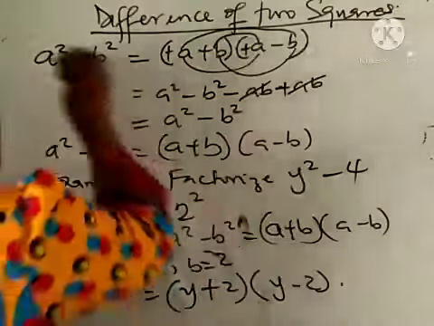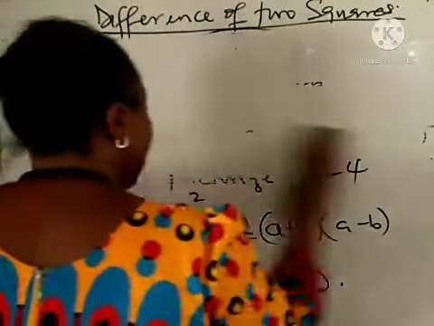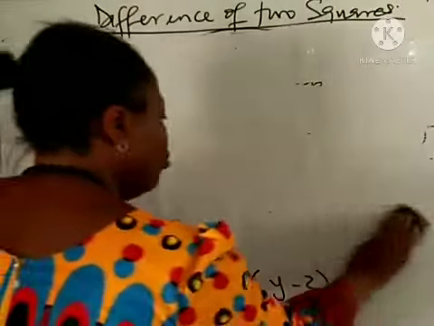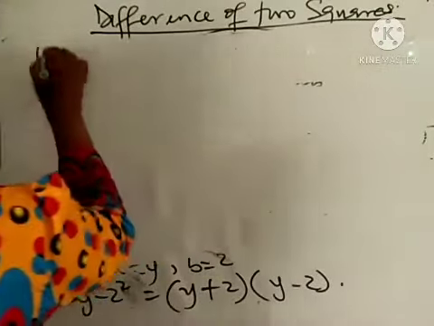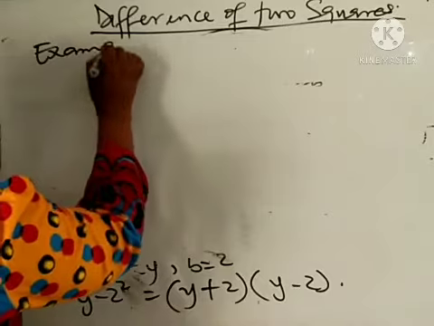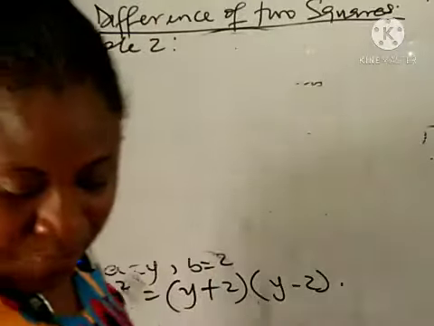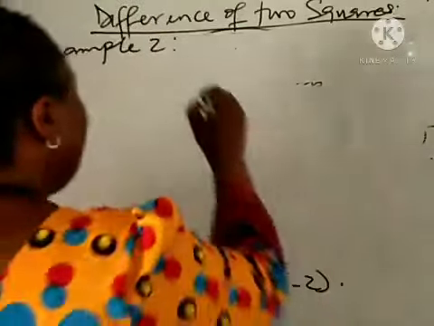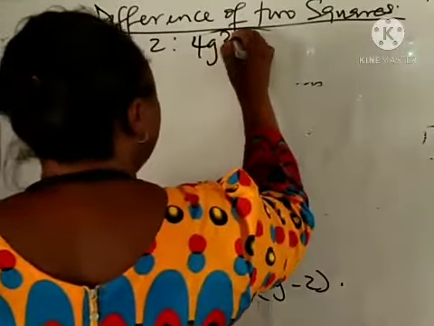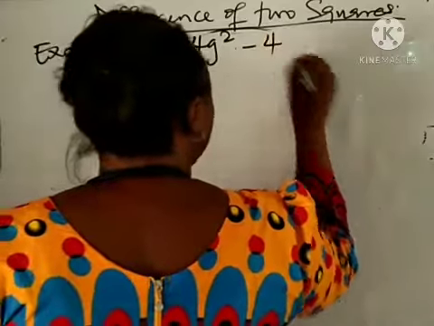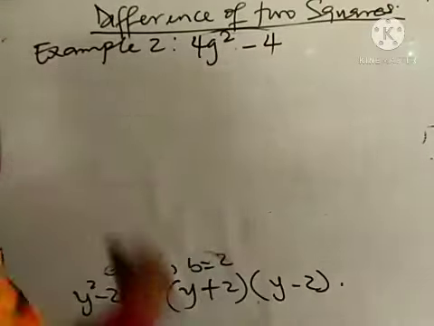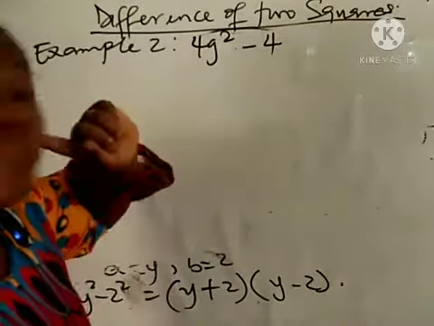So now, let's pick another example. Example 2. You have 4g square minus 4. 4 is a perfect square. G squared is a perfect square.